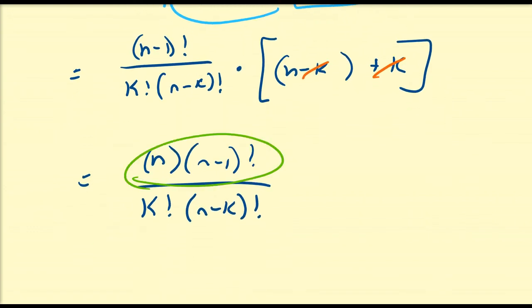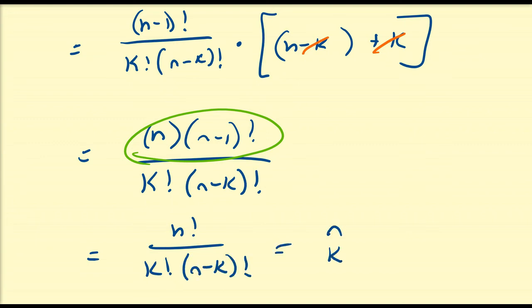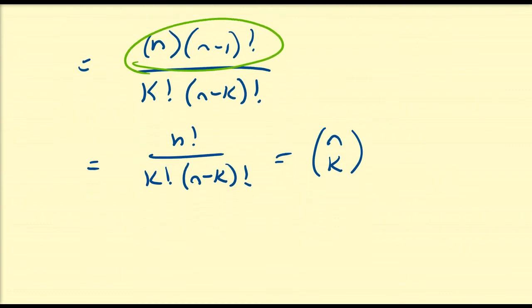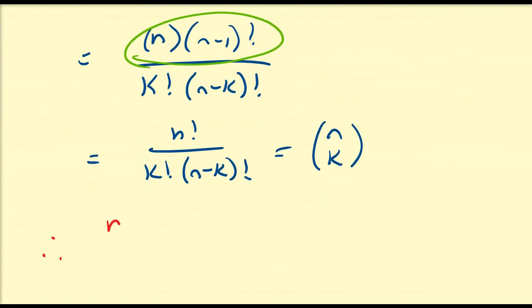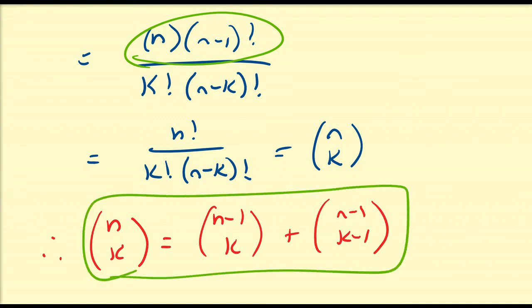And then we know that this is precisely n factorial over k factorial times n minus k factorial, which is just another way of writing n choose k. So therefore we have proven that n choose k is equal to n minus 1 choose k plus n minus 1 choose k minus 1. Right? It's actually a pretty decent proof.